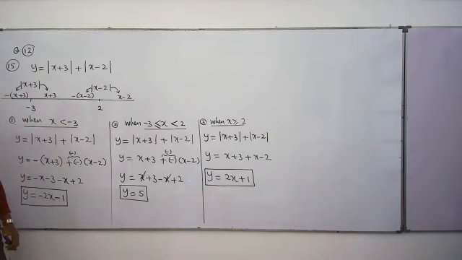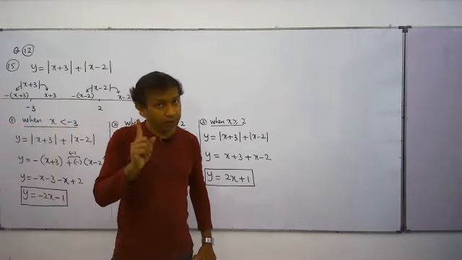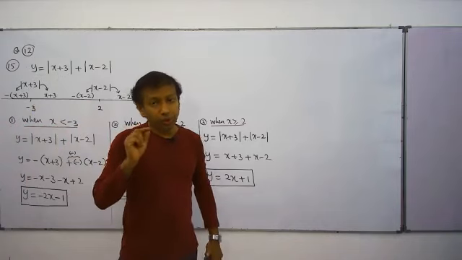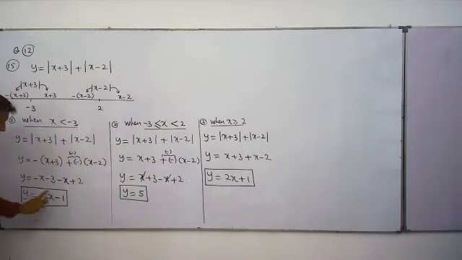To draw a straight line, we should have 2 points. I emphasize, when you find 1 point, definitely we have to substitute this x value here and find 1 point.